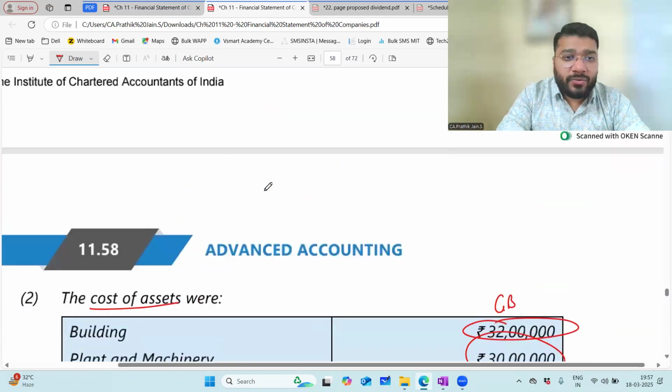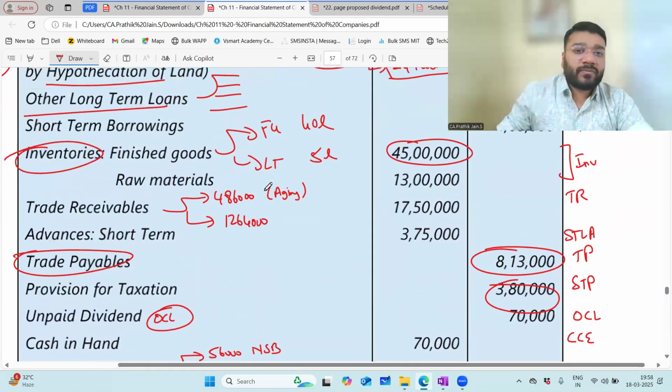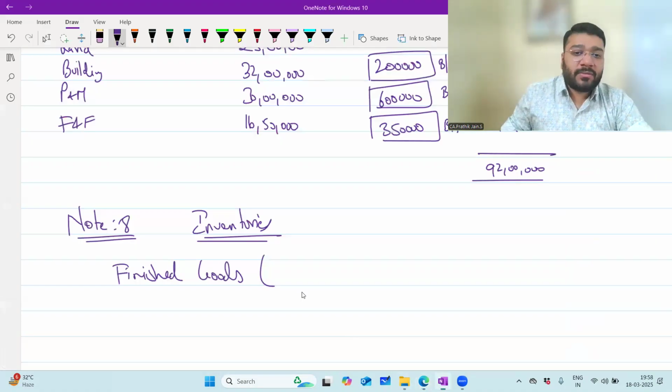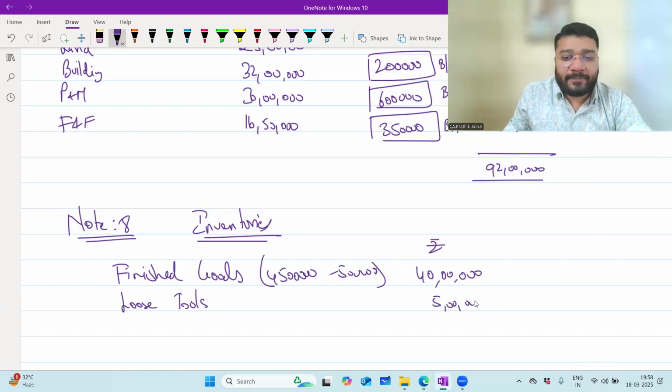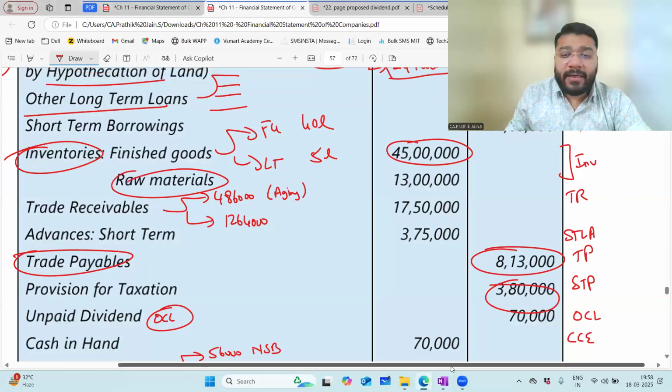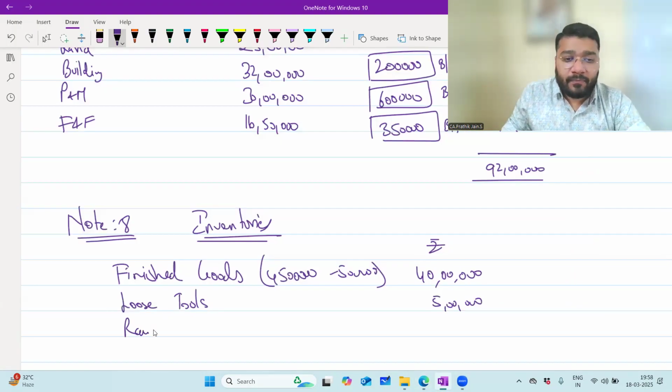How much is my finished goods? 45 lakhs. So 45 lakh minus 5 lakh. So the outer column should be 40 lakhs. Then loose tools, 5 lakh. Then raw material at the end. How much? 13 lakhs.